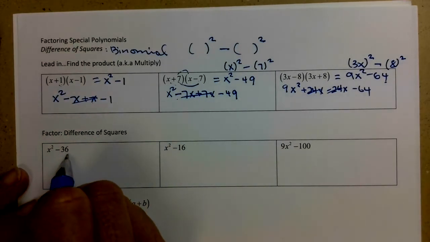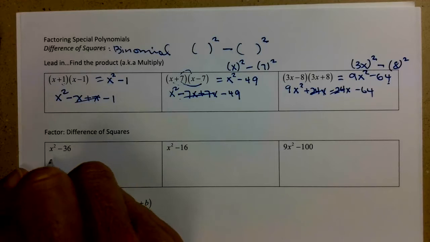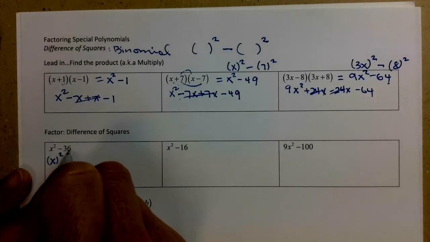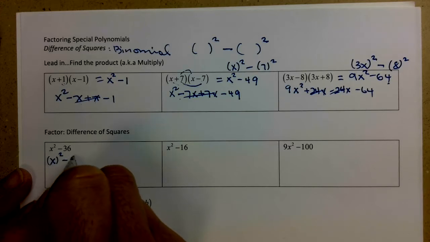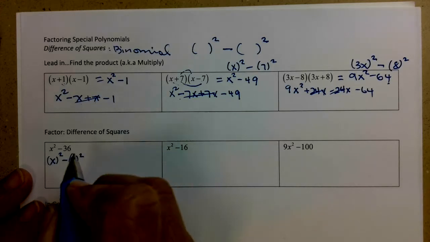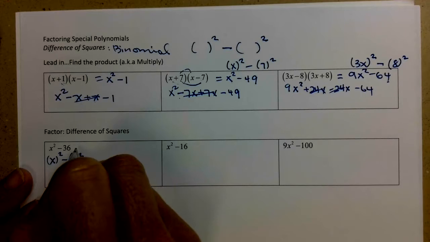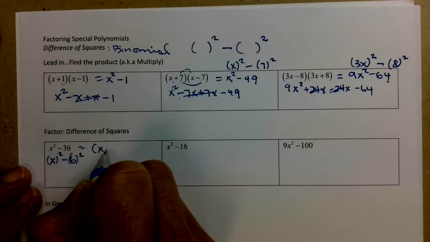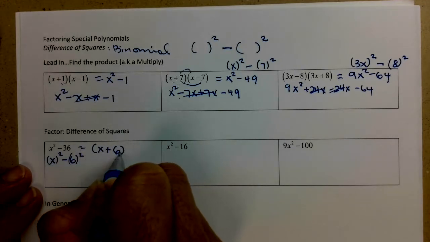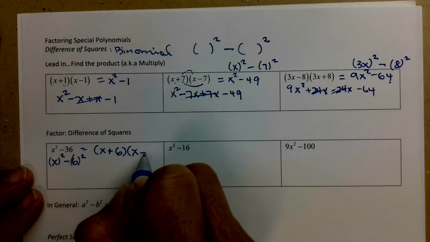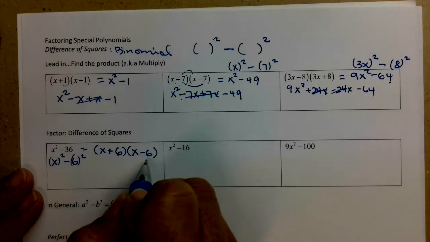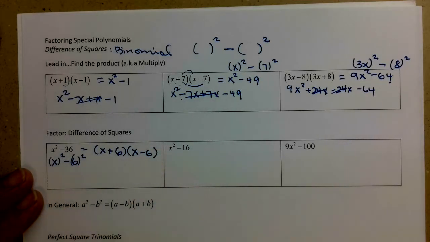So x squared minus 36. This is x squared minus 6 squared, so another perfect square. How that factors then is x plus 6 times x minus 6. So conjugates, same terms, opposite sign.